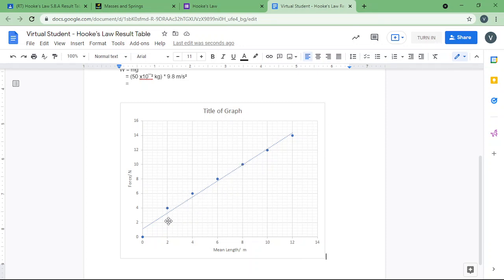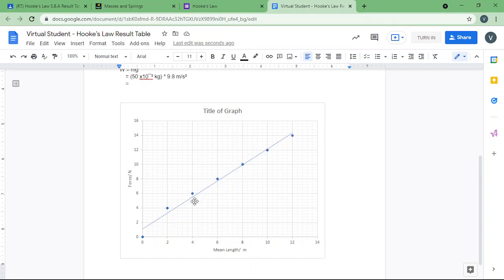Now with Hooke's law, you should get a straight line graph. Now the line of best fit starting at origin, notice how not all the points are on the line, but most of the points are near the line.